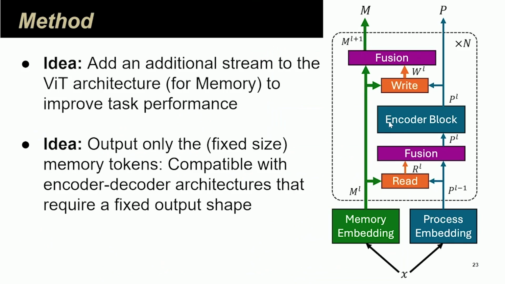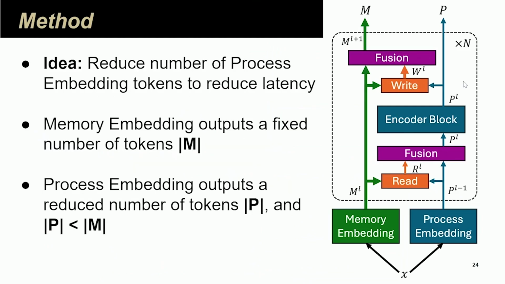The challenge here is, how do we design the read and write blocks so that we can retrieve the tokens if they can help us recover the accuracy? The concept here is we want to reduce the processing by reducing tokens, but we also want to keep the tokens in the memory by creating these read-write modules so we can recover accuracy.